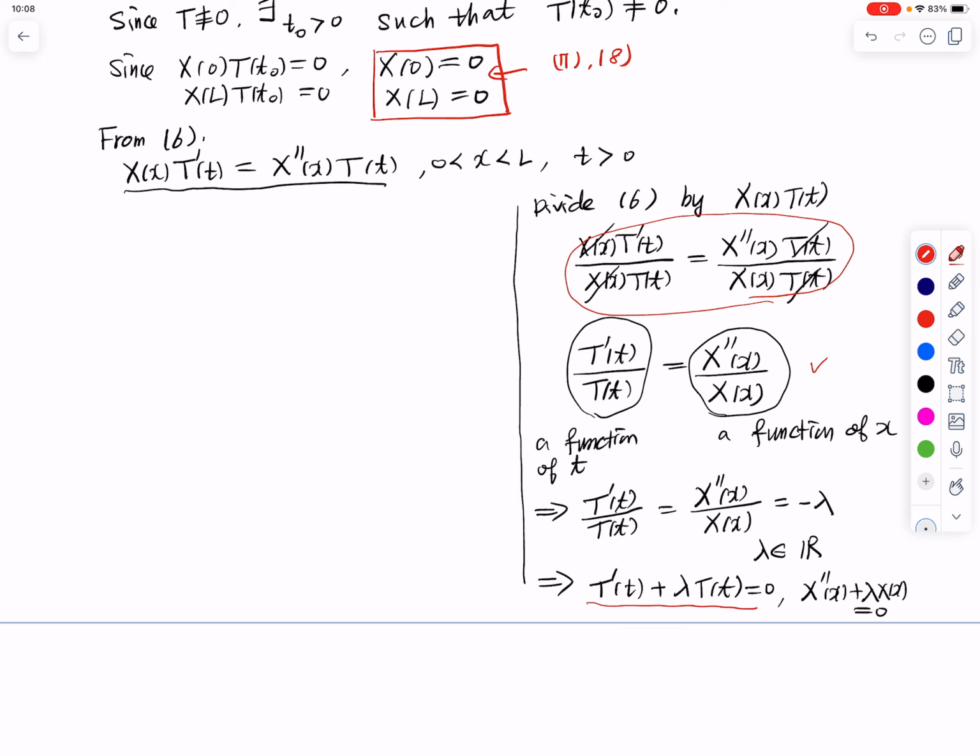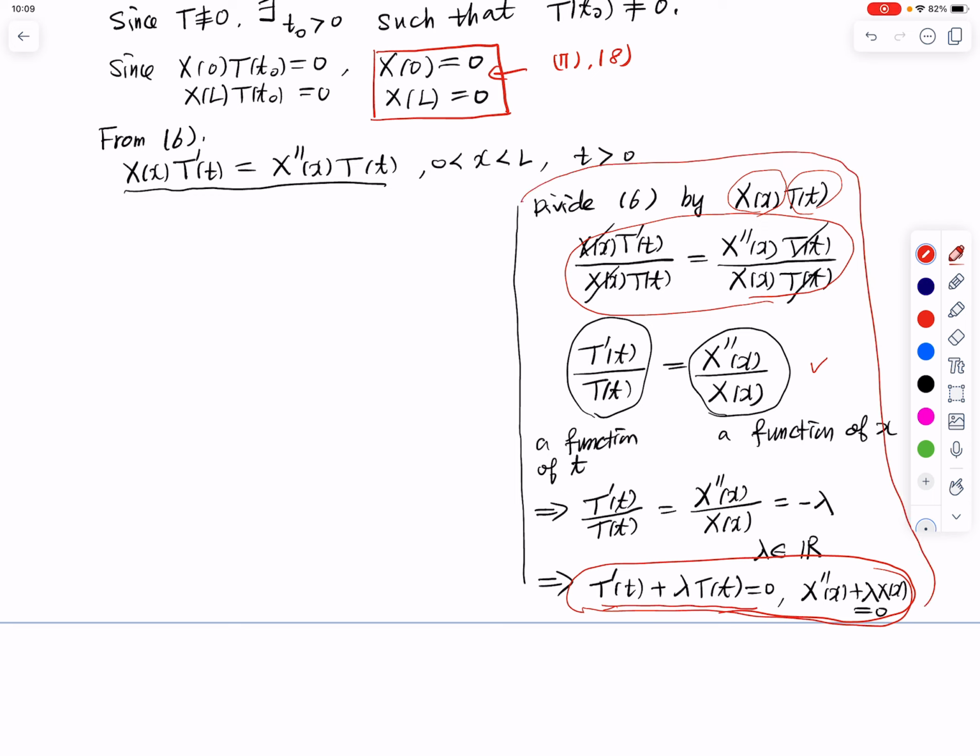At the beginning, we divide this equation by X(x)T(t), but I already told you that this is not mathematically rigorous, because at some point x can be 0, some point t can be 0. But somehow at the end, we don't worry about dividing things. So this is just a kind of method.